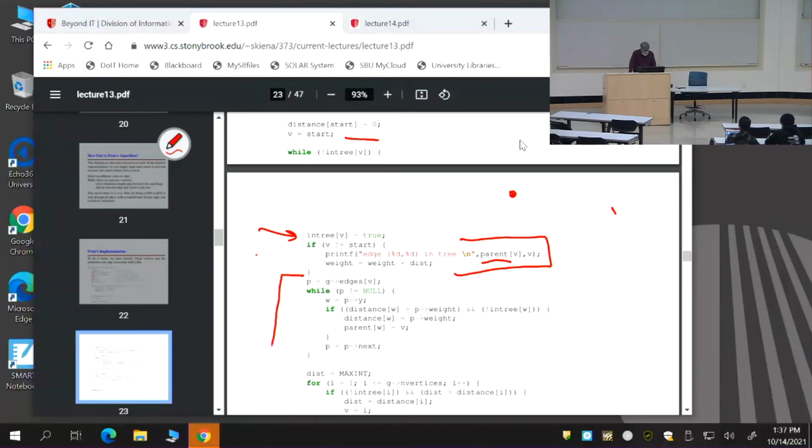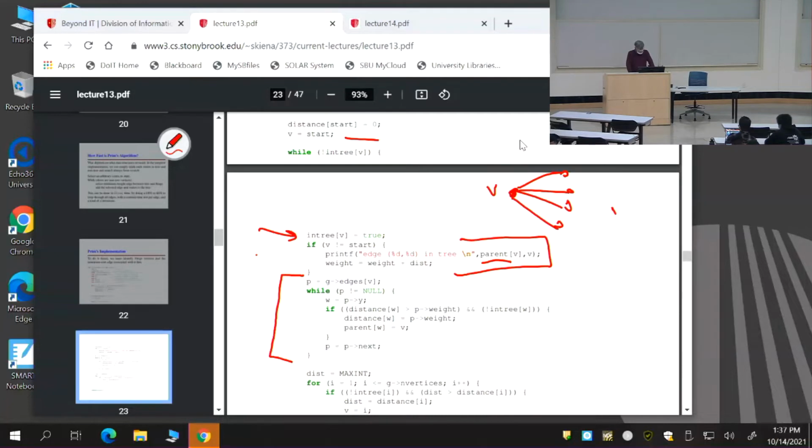I'm going to take a look at all the outgoing edges of V. If V is now in the tree, putting V in the tree means that anything that is adjacent to V has a new way of getting into the tree. My distance metric was supposed to keep track of the cheapest way of getting it into the tree.